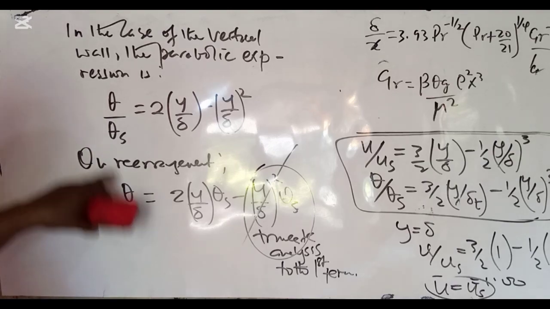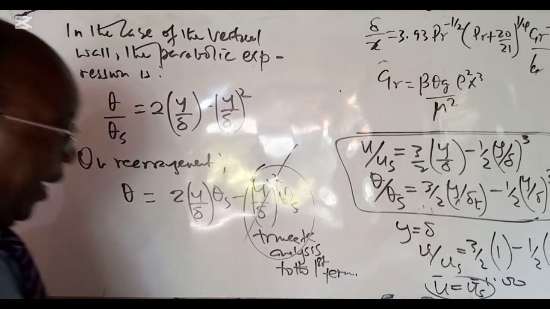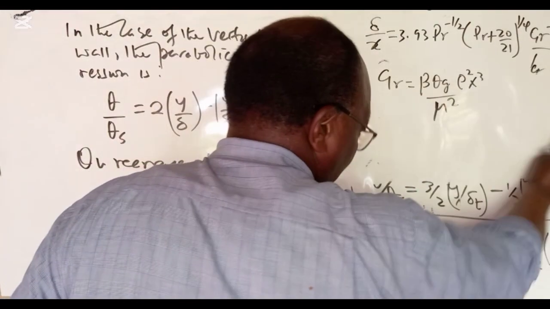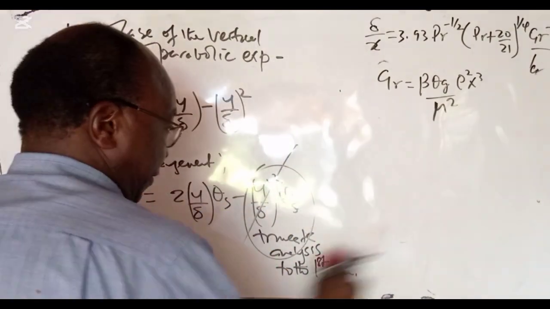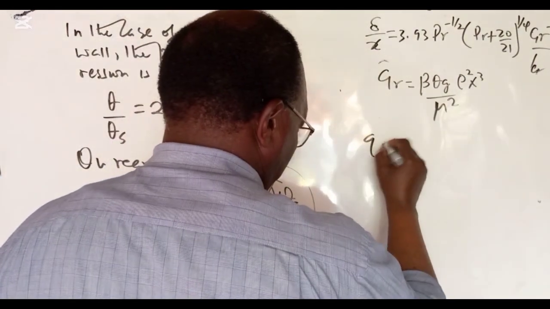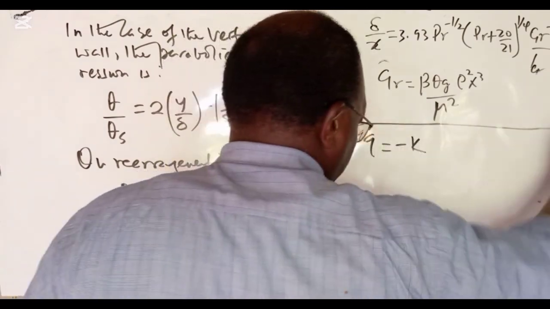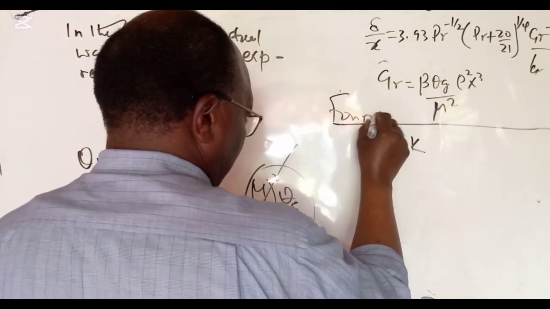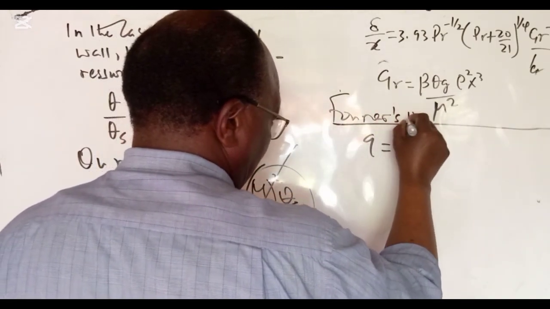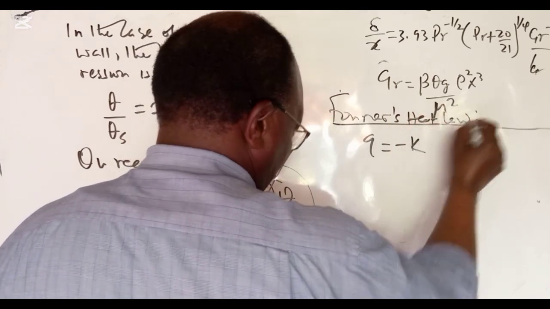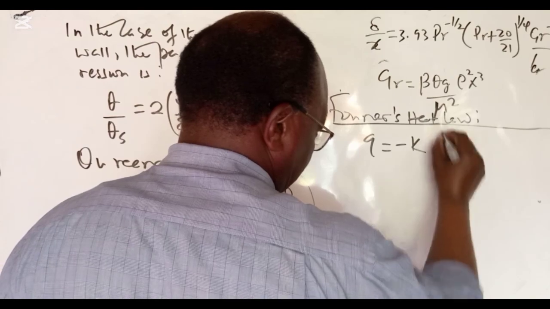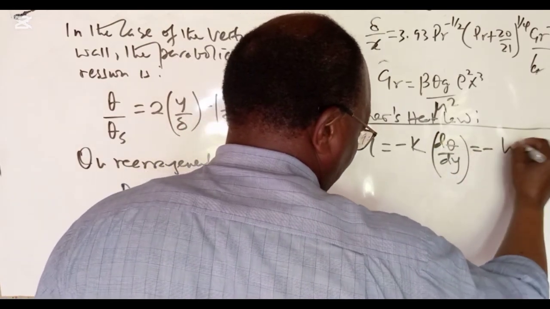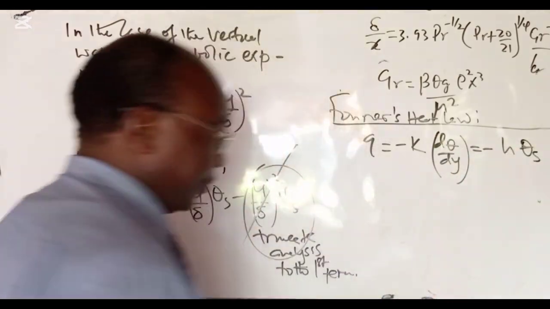So if you take that derivative in the Fourier heat law, remember Q, we said it was minus K d theta over dy, that is equal to minus h theta s.